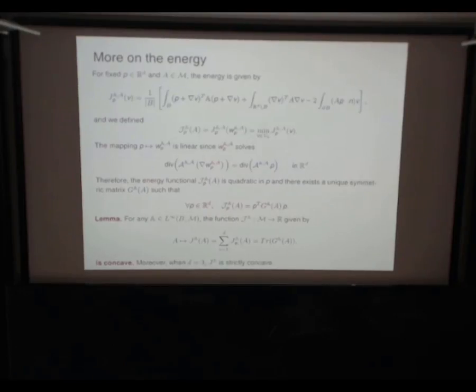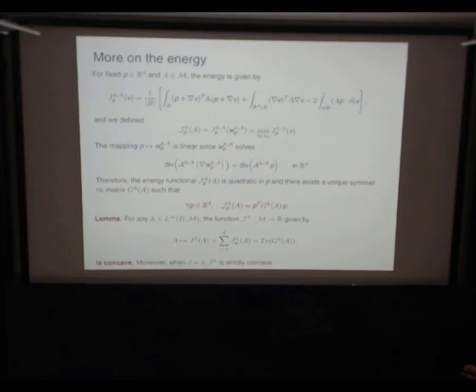Now if you take the canonical basis e_i, and you sum over all the directions from 1 to d, you sum up this kind of energy, then on one hand you see that this is the trace of G_A.